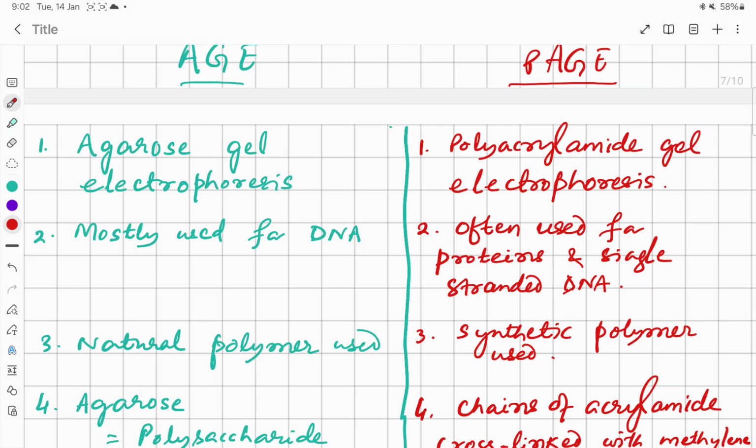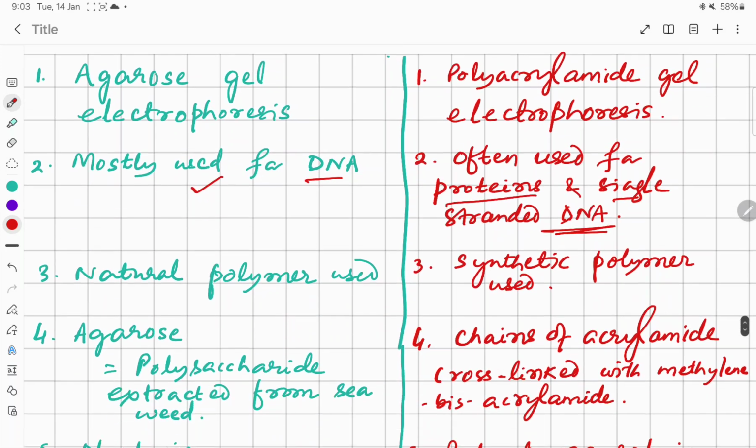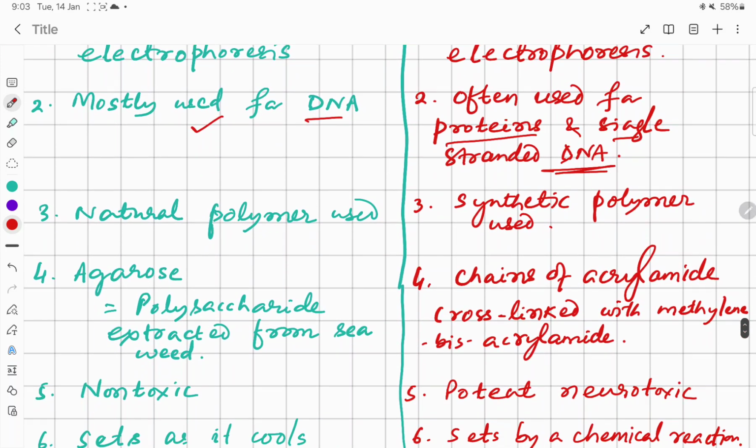Agarose gel electrophoresis is mostly used for DNA, whereas PAGE is often used for proteins and single-stranded DNA. Double-stranded DNA we can separate by using agarose gel electrophoresis; for single-stranded DNA we use PAGE. What is the natural polymer used?